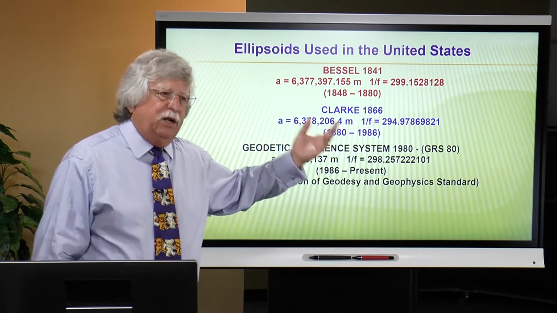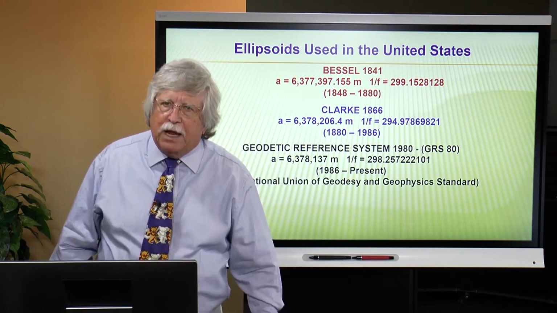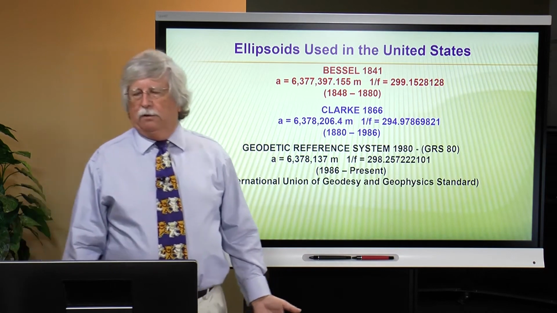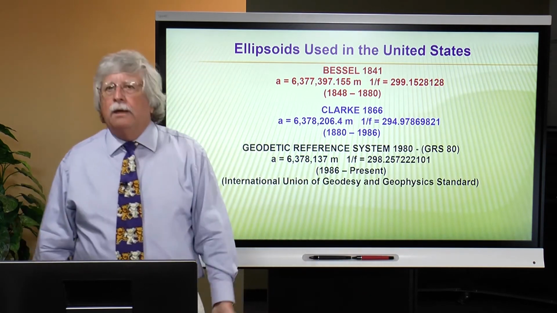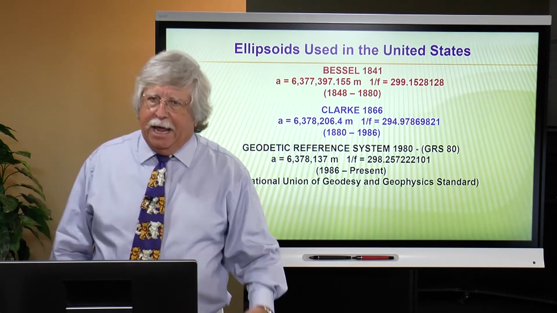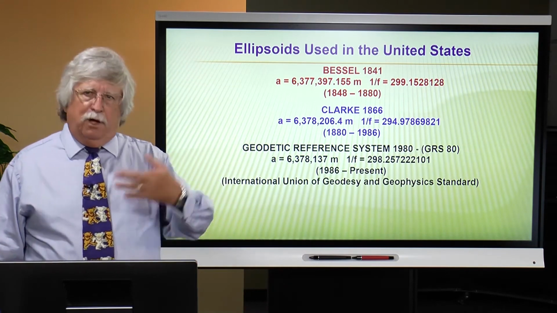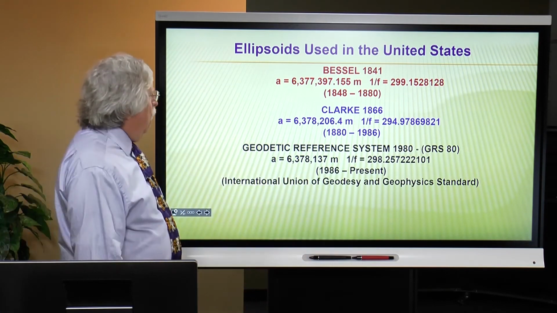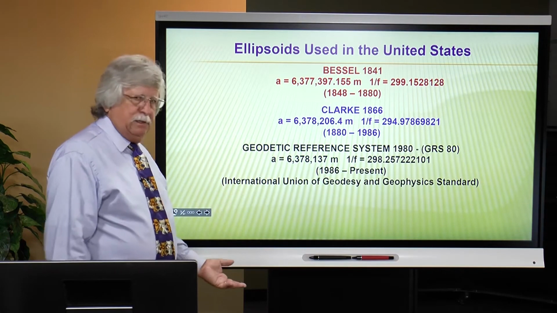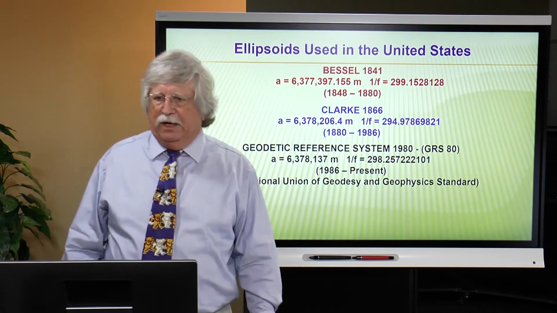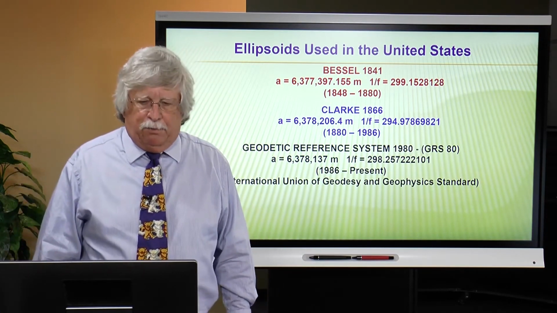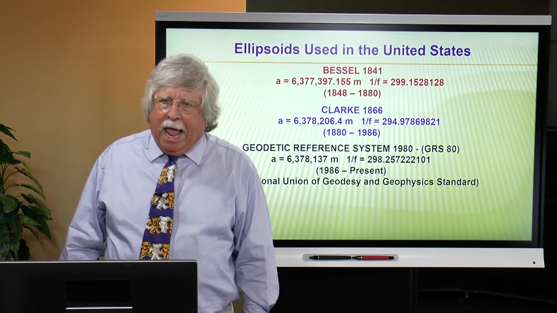And the National Geodetic Survey said that's the international standard, that is what we're going to use. And to this day, it is still the international standard. So countries around the world are all using GRS 80, and at least to my knowledge, there are no significant efforts underway to replace it with anything else.